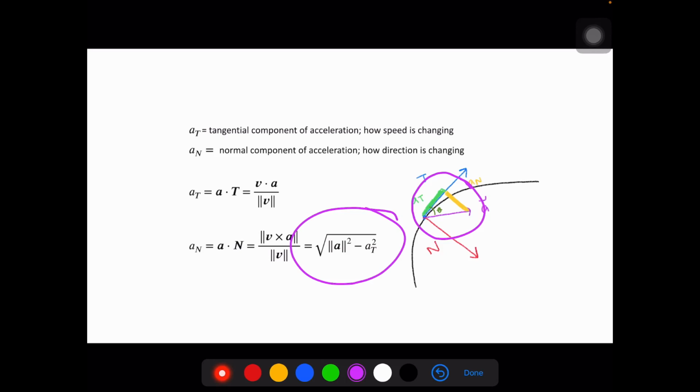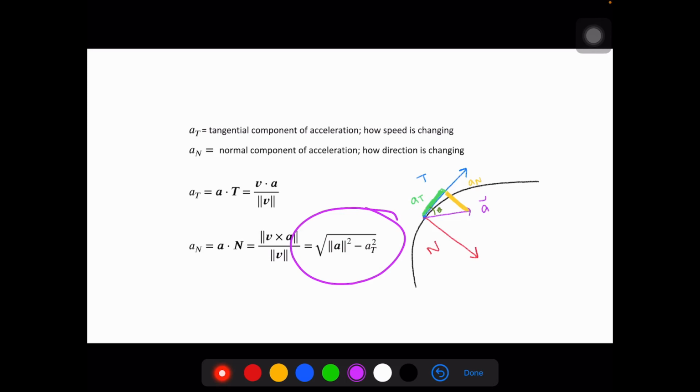The fact that if you take your tangential component squared plus your normal component squared, that has to equal the magnitude of acceleration squared. And so that's where this formula in purple comes from. It's just the Pythagorean formula. So we can say our normal component of acceleration is going to be the square root of the magnitude of acceleration squared minus our tangential component squared.